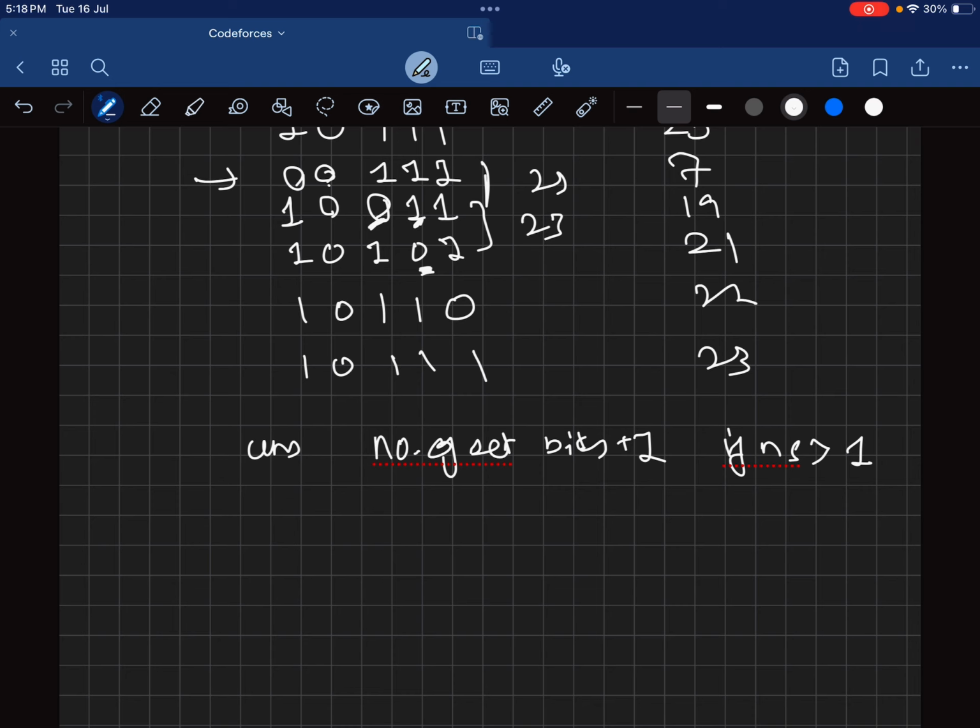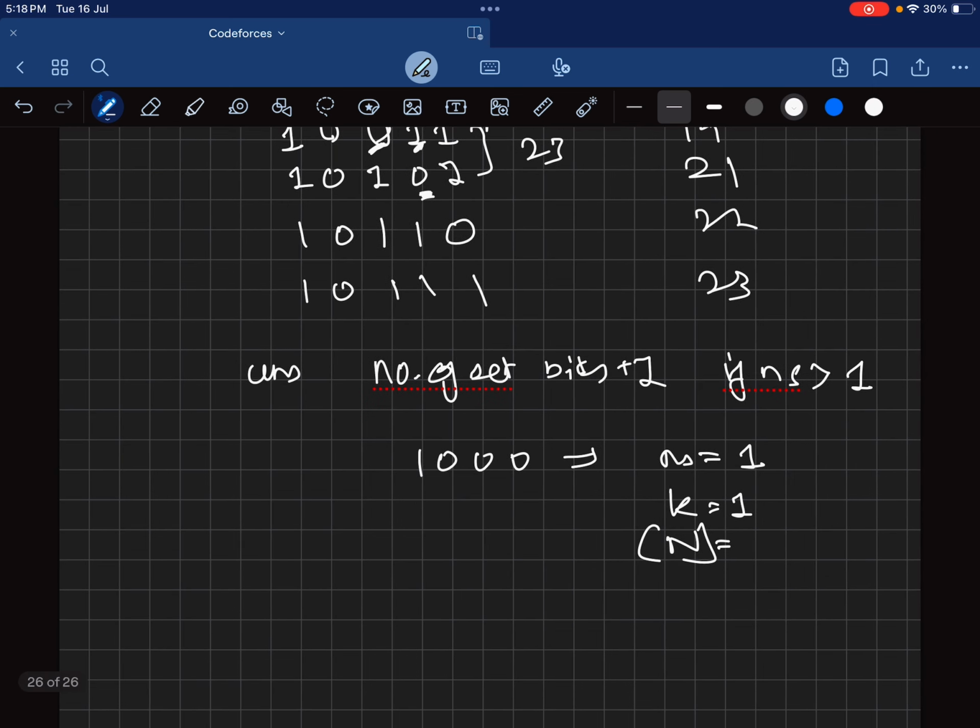Else, if your number is just a power of 2, then you cannot have more than one number in this sequence. So in this case, if the number of set bits equals 1, then the value of k is 1 and your n itself is the sequence.